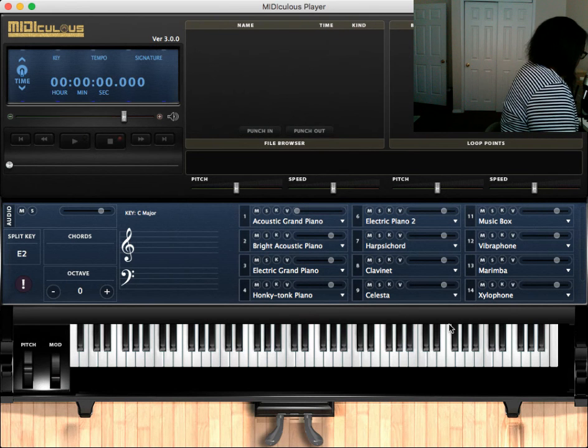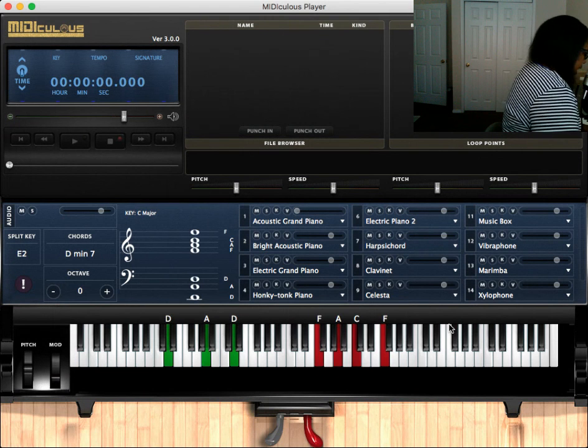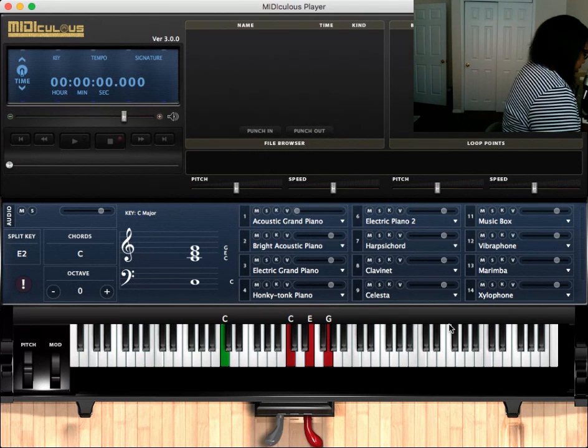Let me see. I'm trying to think of a song that's in a minor key that would help you out. How about, I did this progression before.